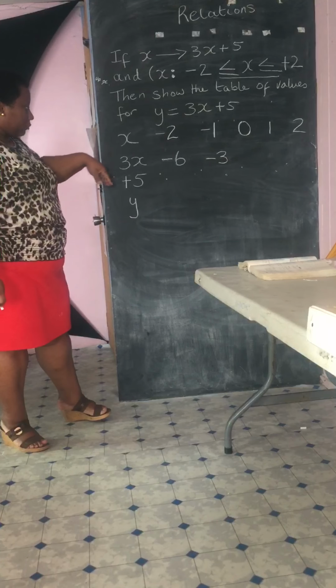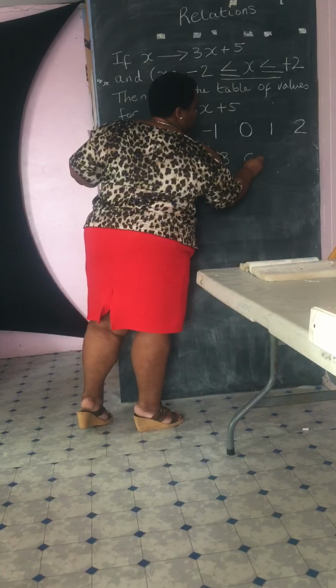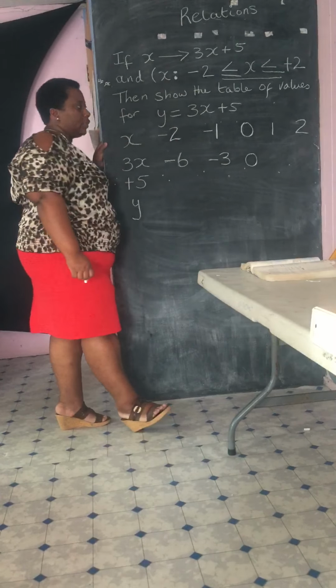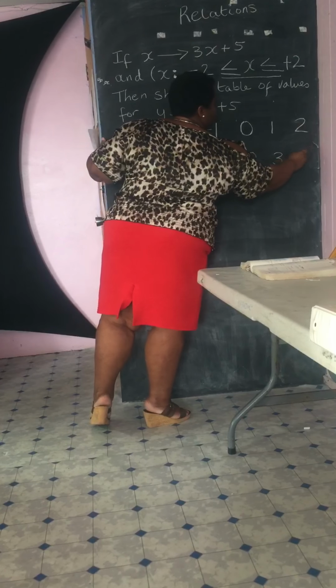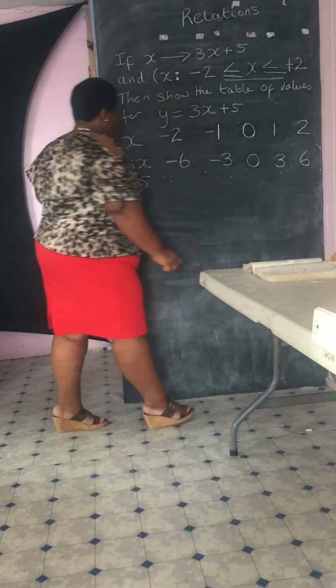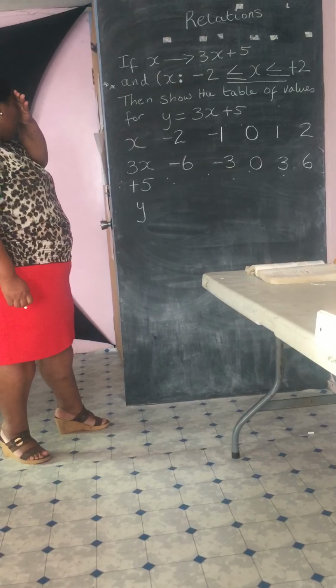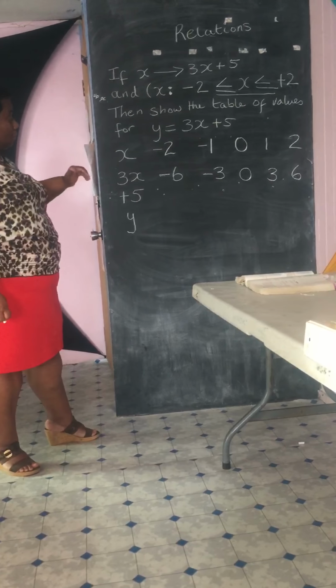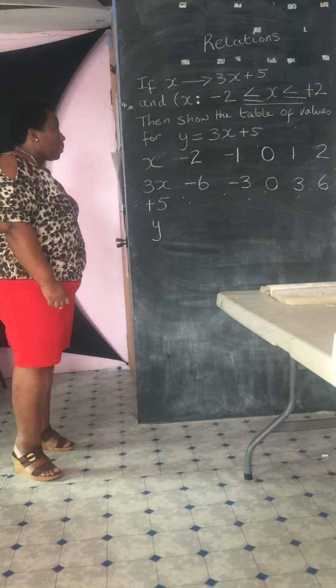Okay? 3x, 3 zeros, doesn't change, still 0. Then we have 3 1s, 3, and we have 3 2s, which are 6. Then we have the next line, which is plus 5, or we're adding 5. Okay?